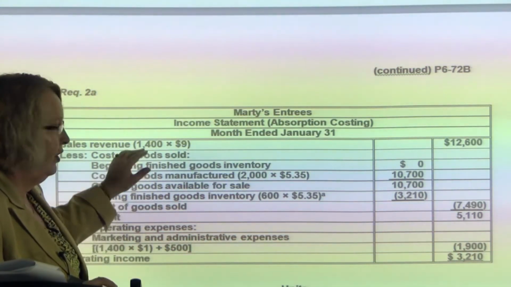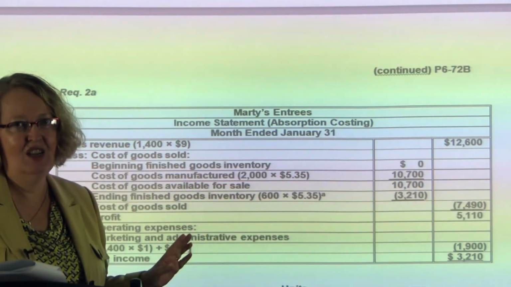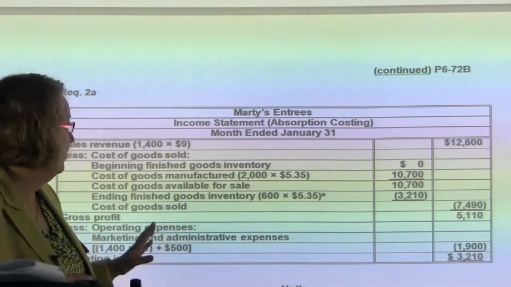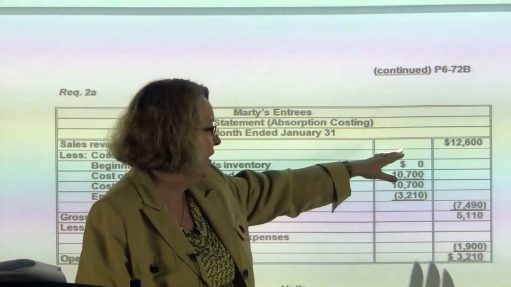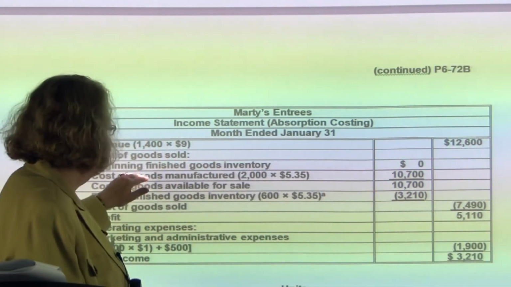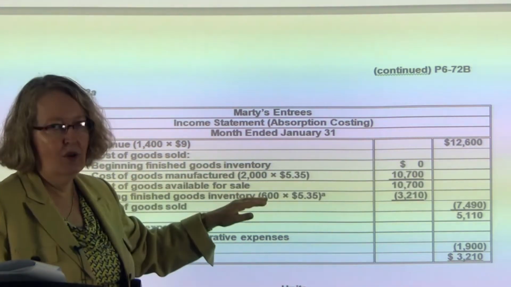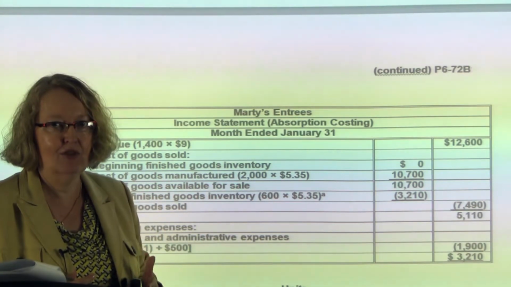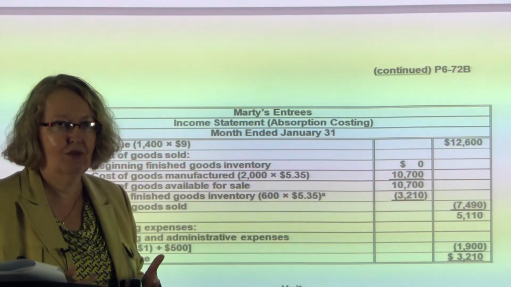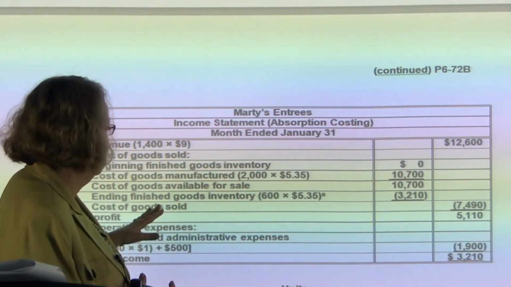Now here, although we produced 2,000 units in January, we only sold 1,400 meals. So 1,400 meals at $9, that's where the 12,600 is coming from. Beginning finished goods inventory. In this case, we're not told anything about the beginning inventory, so if you're not given a figure for it at the beginning, you have to use 0.